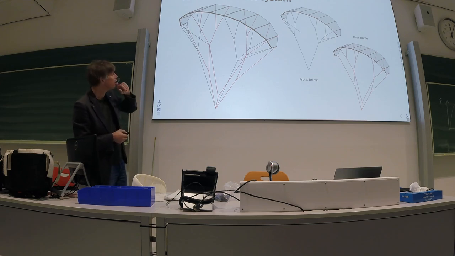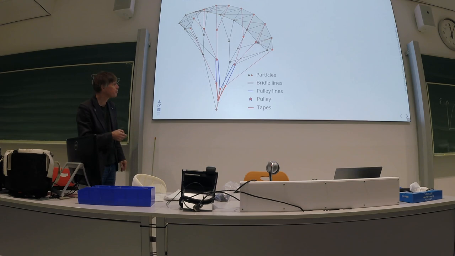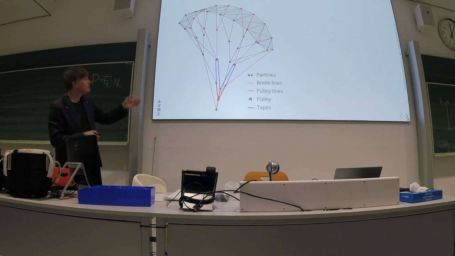This is how the bridle line system works, but it's also explained by previous posts, so the front bridle line system and the rear bridle line system. And that's the setup, the control.